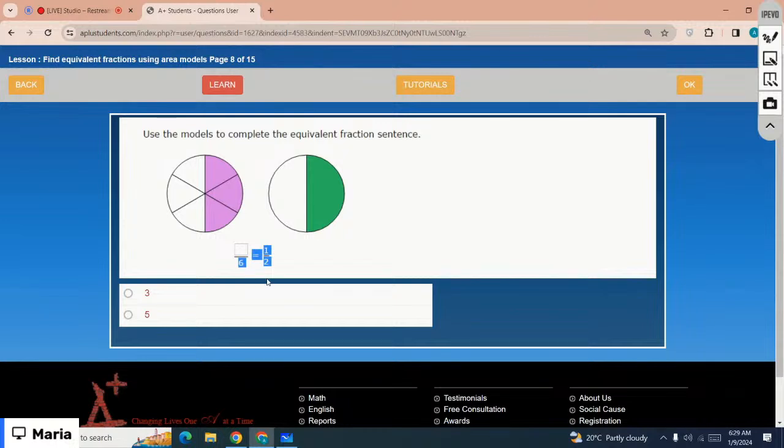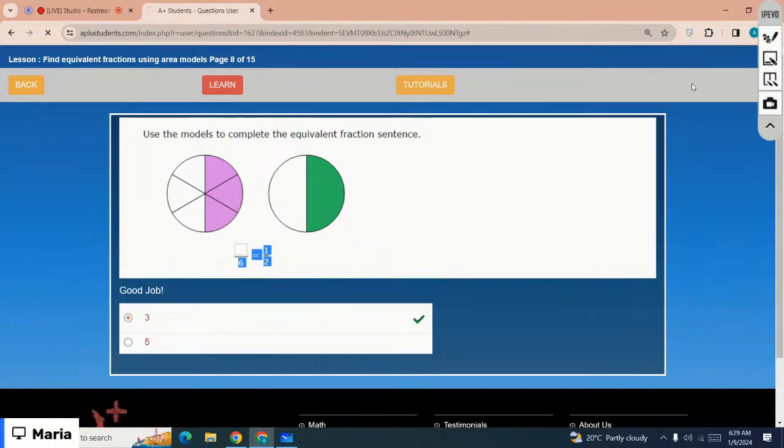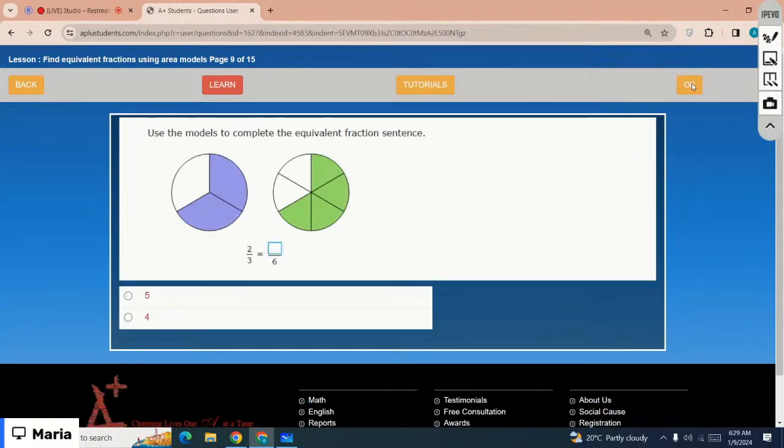Yes, that is 3 out of 6. Use the models to complete the equivalent fraction sentence. Which is the correct option? Yes, that is 4 out of 6.